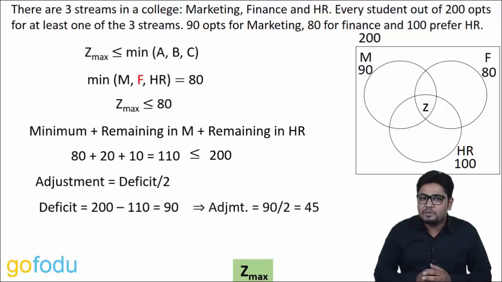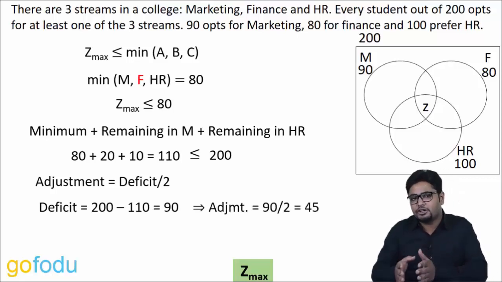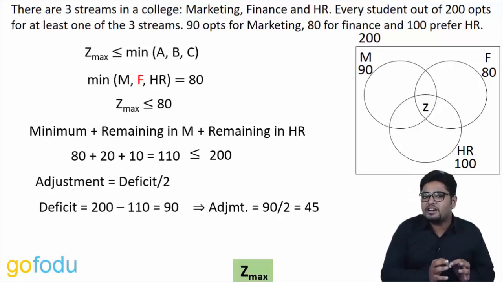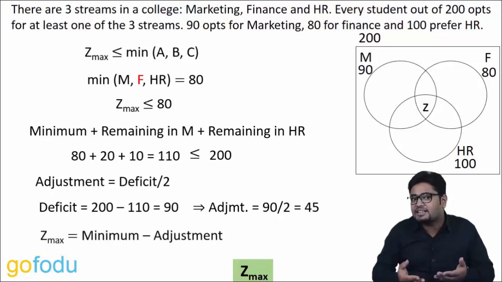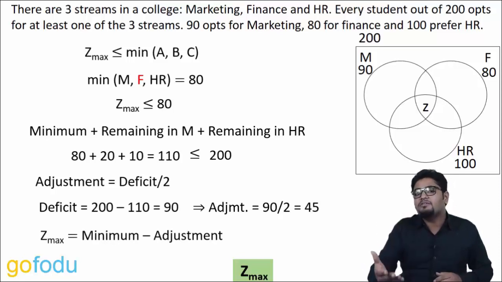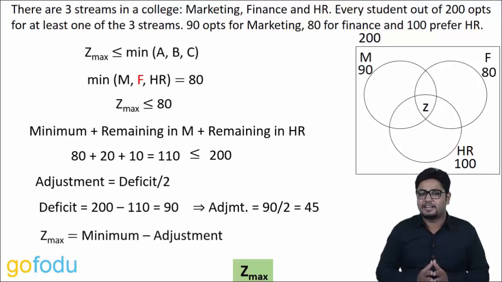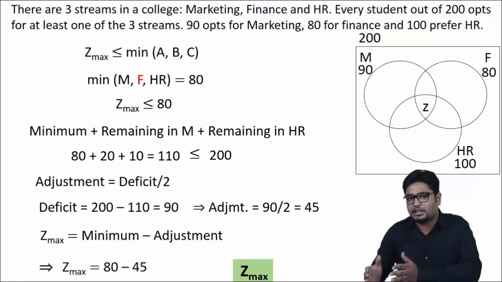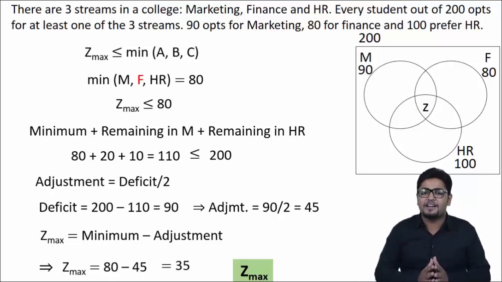So the adjustment will be 90 divided by 2, that is 45. Now, for the maximum value of Z, we have to subtract this adjustment from the minimum value of the set that we had earlier taken. So, Z maximum in this case will be 80 minus 45, which gives us 35 as the final answer.